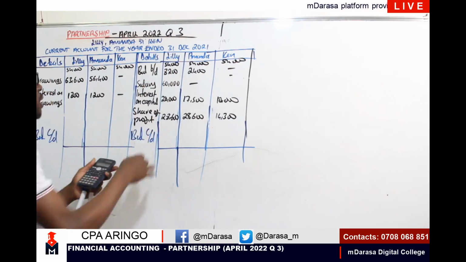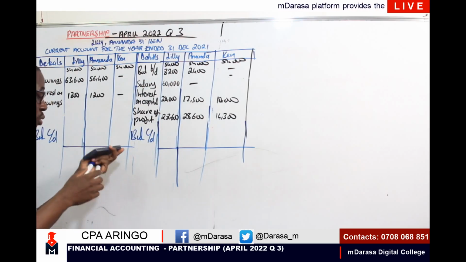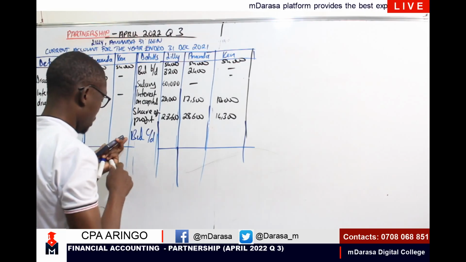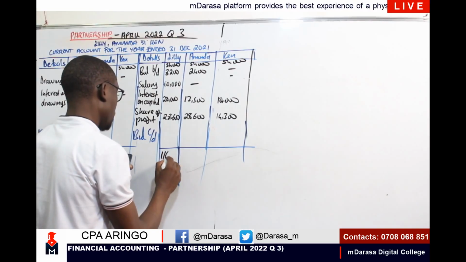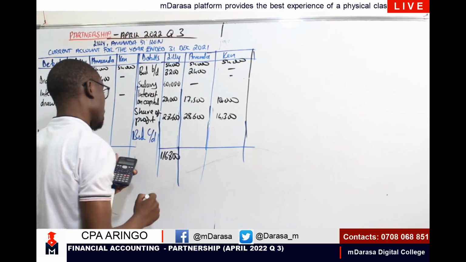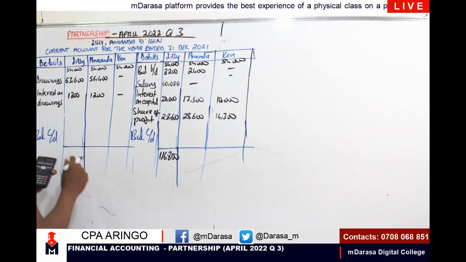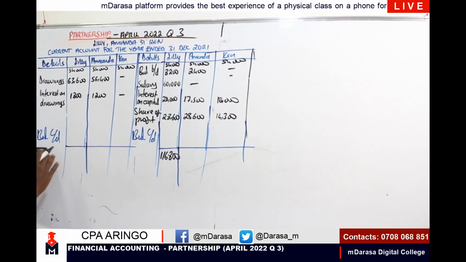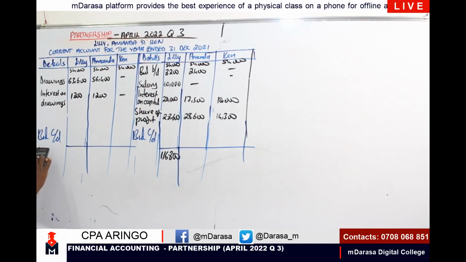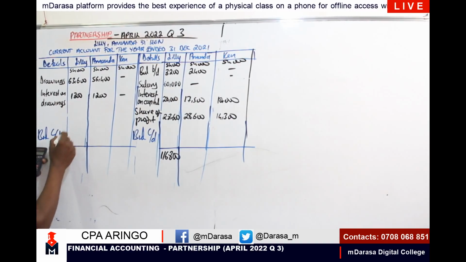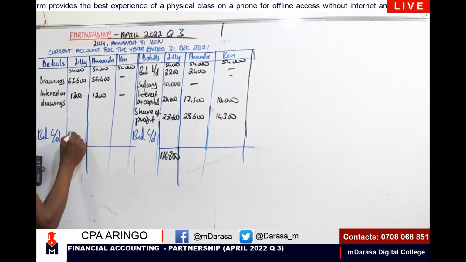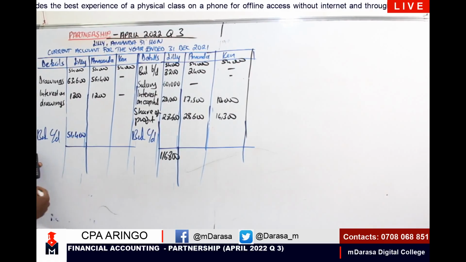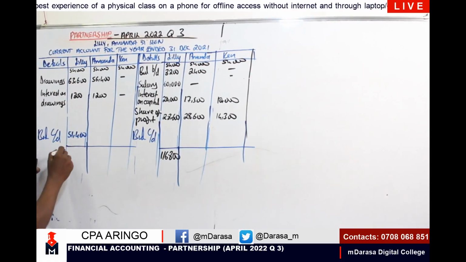So therefore, the credit side is more. 116,800. And therefore, my balance carried down will be on the debit side. So I'm getting a figure of 51,400.